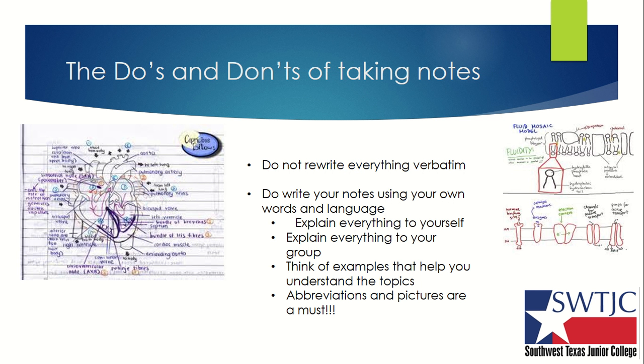Look at these two great examples that I have on this PowerPoint. On the left, we've got this student that drew out and wrote down all of the interesting anatomical and some physiological features of the cardiovascular system, and really the heart and the great vessels, right?